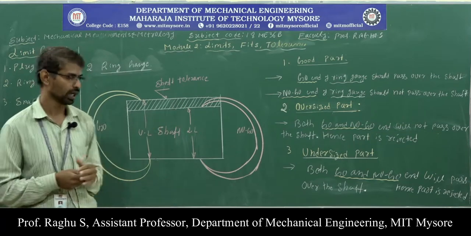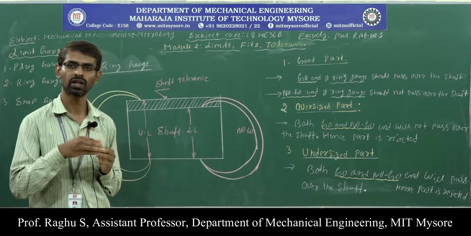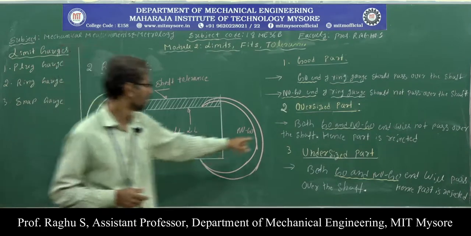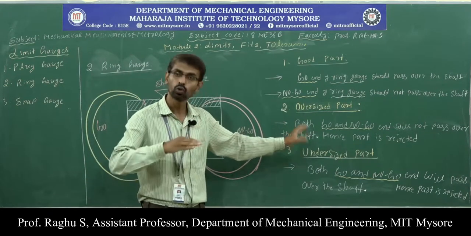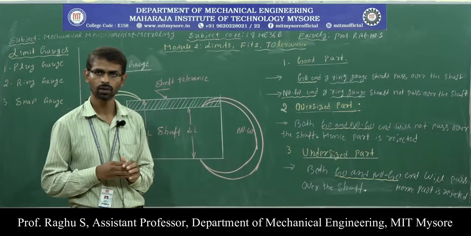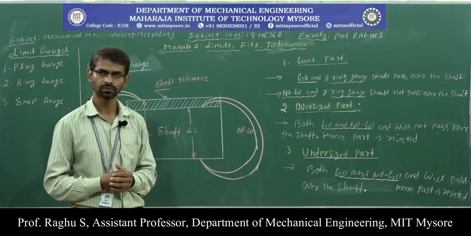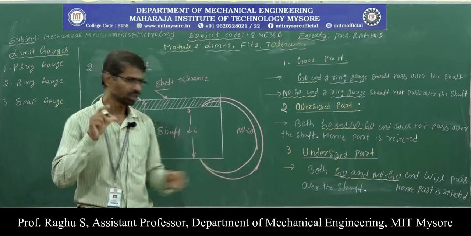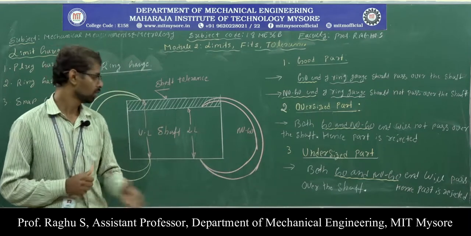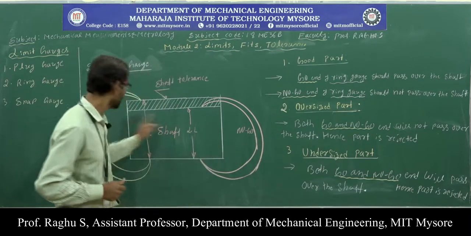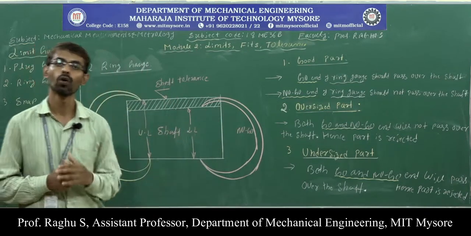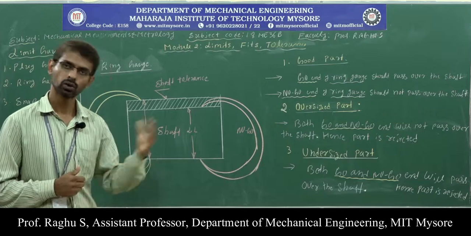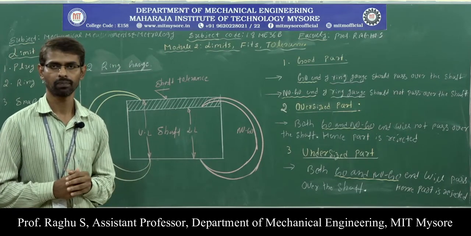In the remaining two cases, suppose the part is manufactured oversized, then both go and no go ends will not pass over the shaft, and hence the part is rejected. Suppose the part is manufactured undersized, then both go and no go ends will pass over the shaft. So, then also the part is rejected.